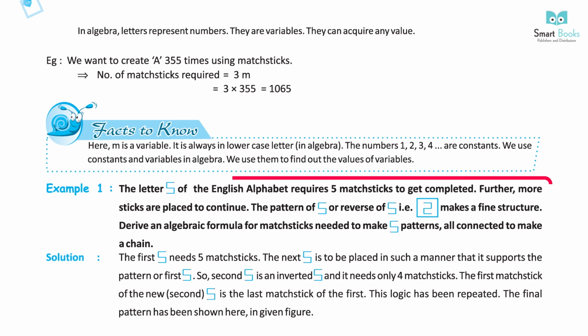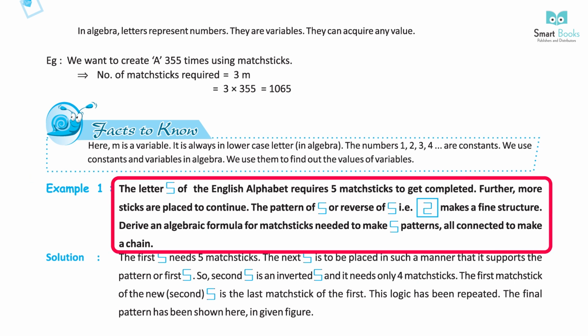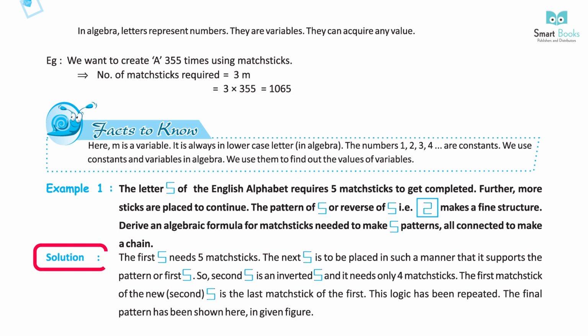Example 1. The letter S of the English alphabet requires 5 matchsticks to get completed. Further, more sticks are placed to continue the pattern of S or reverse of S. Make a fine structure. Derive an algebraic formula for matchsticks needed to make S patterns, all connected to make a chain. Solution.